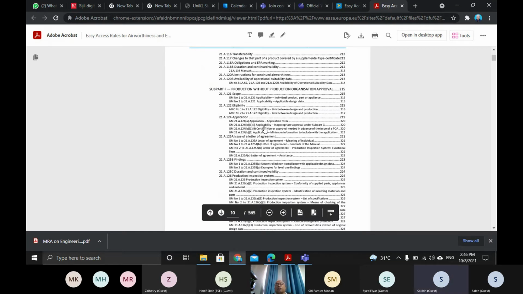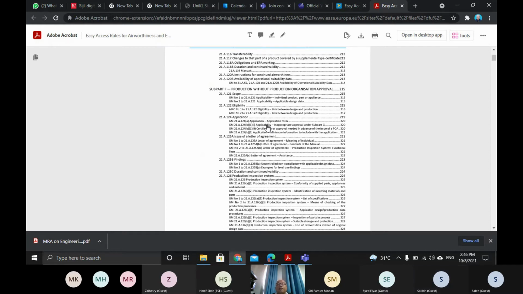Subpart F is production without production approval. You don't have a POA, but you still can produce the aircraft. Maybe you are in the process of getting the POA, or you may be doing short-term production which does not require a complete POA.